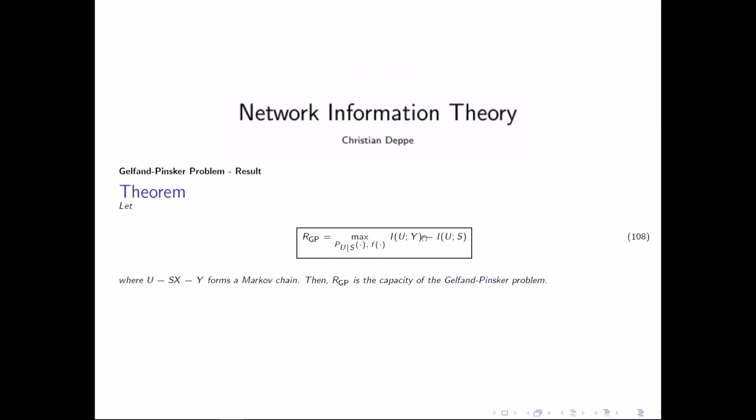Now I will give you the result before I come to the analysis. So if you look at the result, we get the following theorem. The rate R_GP is equal to the maximum over all P_{U|S}, so channels from S to U, of the mutual information between U and Y minus the mutual information between U and S, where U, X, and Y form a Markov chain.